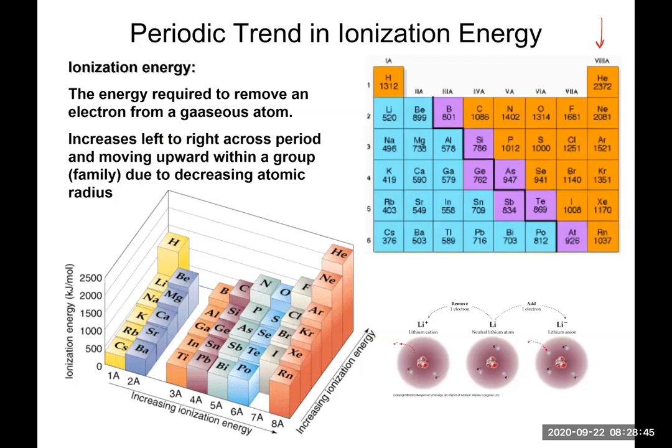And again, that's because they have a stable octet, or helium with 2 electrons has a stable duet. But you can also see this increase from left to right. So look at lithium with an ionization of 520 kilojoules per mole versus fluorine, 1681 kilojoules per mole. And we can also look bottom to top, 926 to 1681.